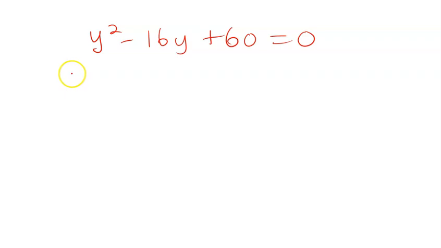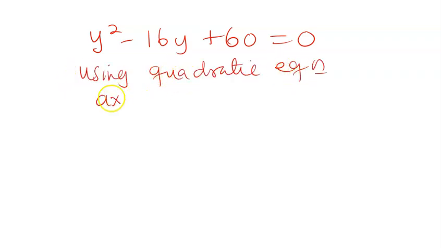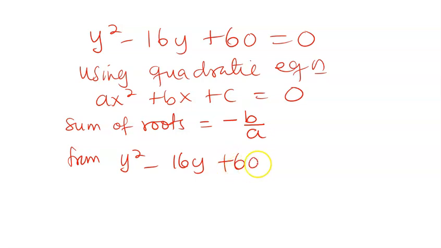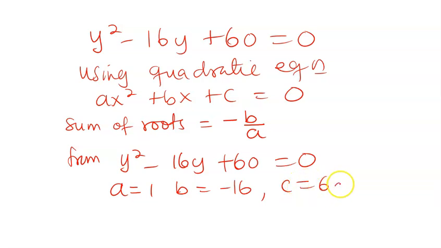Another way is using the quadratic equation ax squared plus bx plus c is equal to 0, where the sum of roots is equal to minus b over a, where a, b, and c are coefficients. So from y squared minus 16y plus 60 is equal to 0, our a is 1, b is minus 16, c is 60.